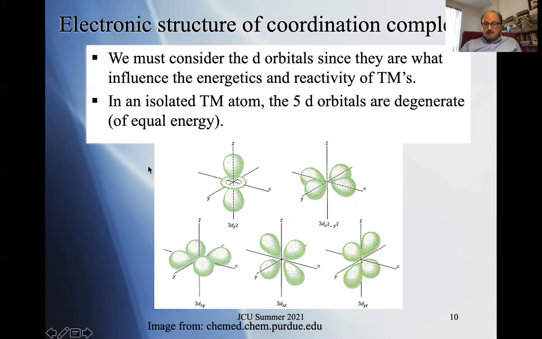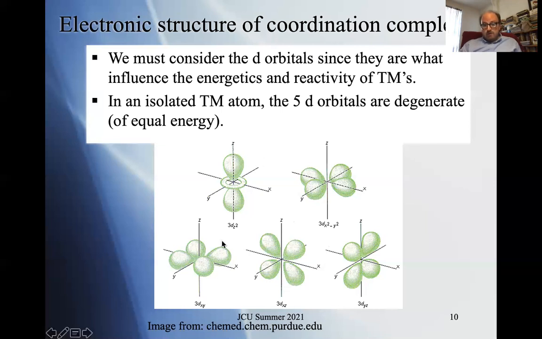The one key distinction that's going to be important is that two of these orbitals lie on the axes, as defined in this XYZ coordinate system, and three lie in between the axes. dz squared is along the z, dx squared minus y squared is along the x and y, and then xy, xz, and yz are all in between the particular axes in the subscript.